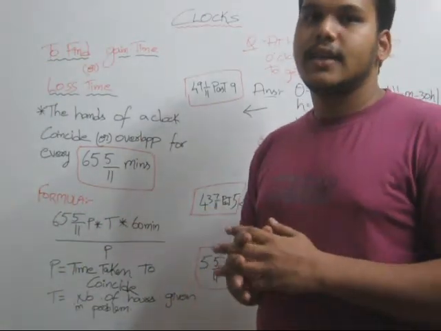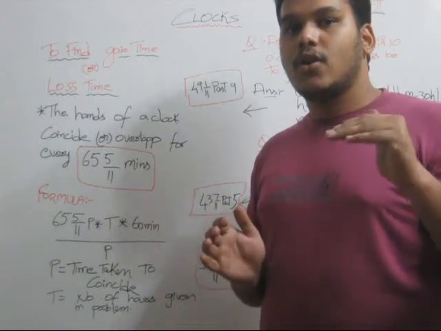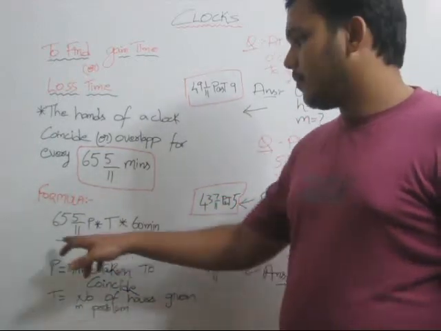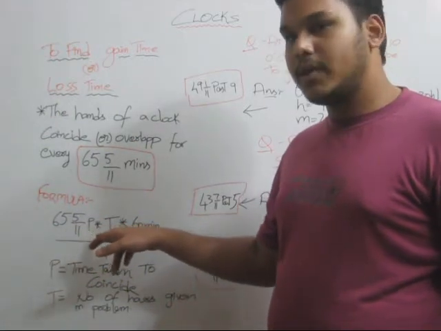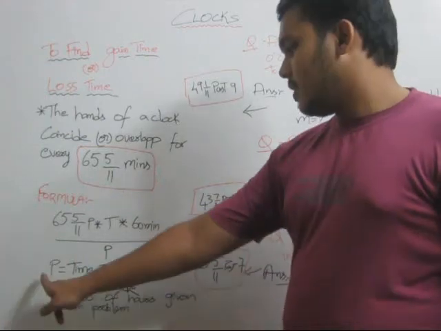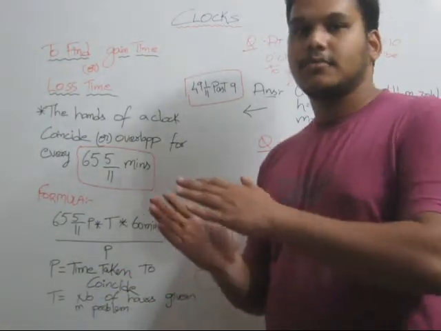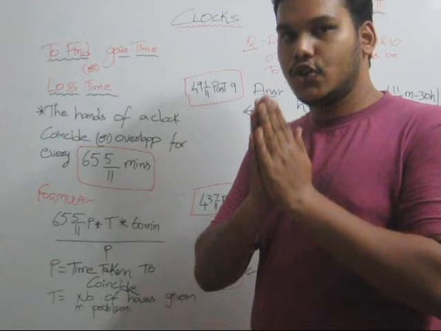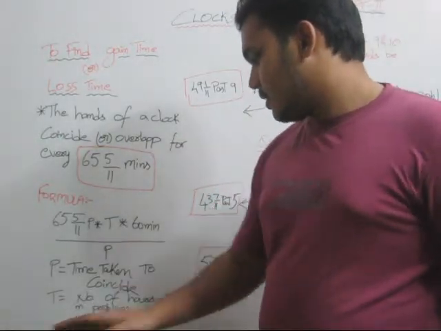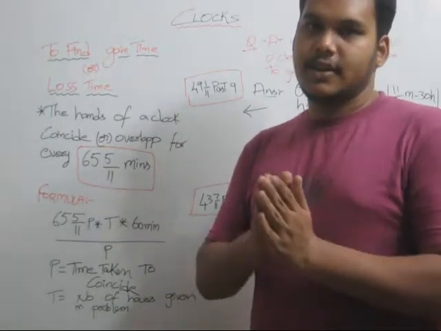Now, how can we say the time shown by a clock is a gain time or a lost time? Using this formula, where P represents the time taken to coincide the two hands, which is given in the problem, and T represents the number of hours given in the problem.